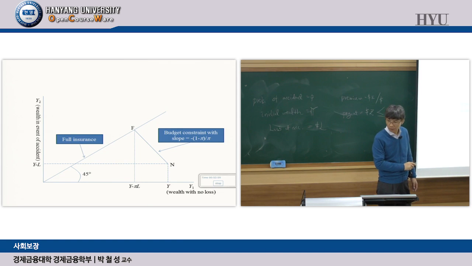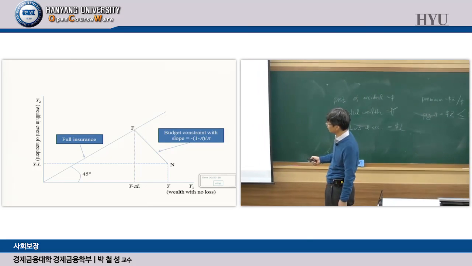And this is the budget constraint, saying that the individual will choose a point on line NF. You can easily calculate the slope, which is equal to minus (1 minus pi) divided by pi.